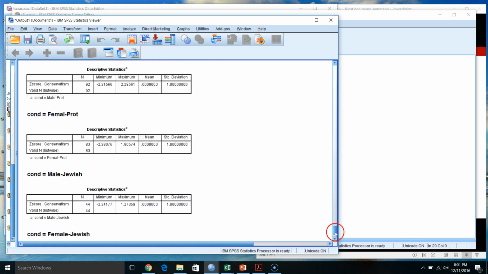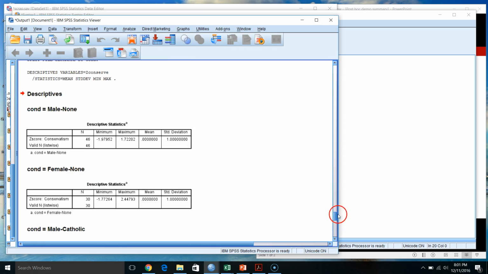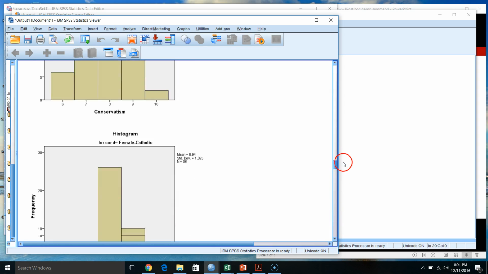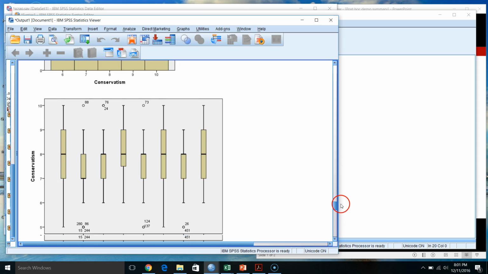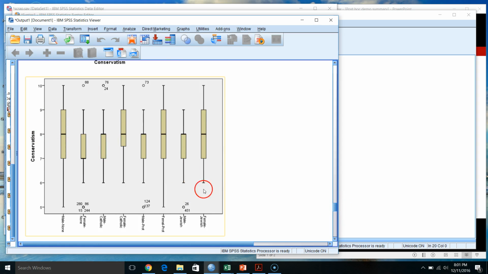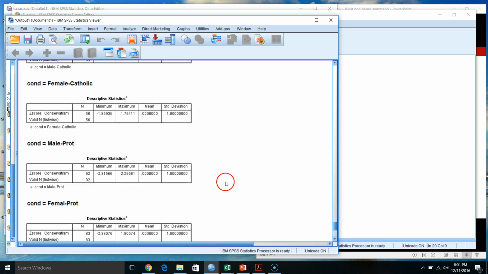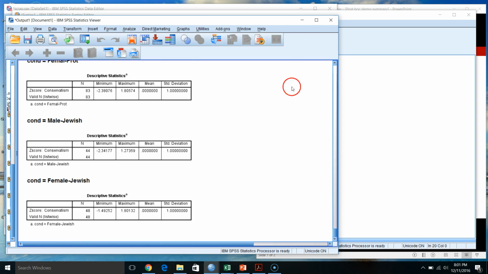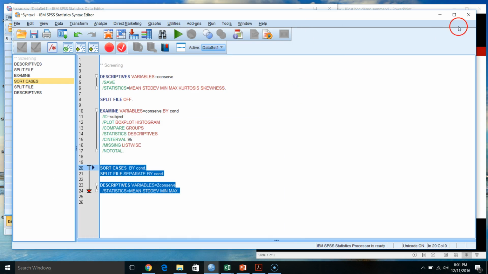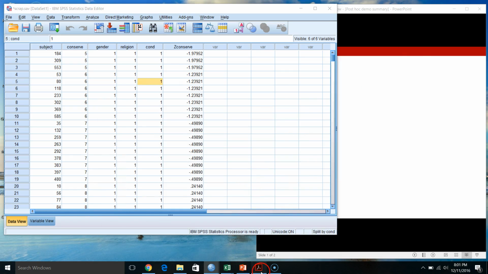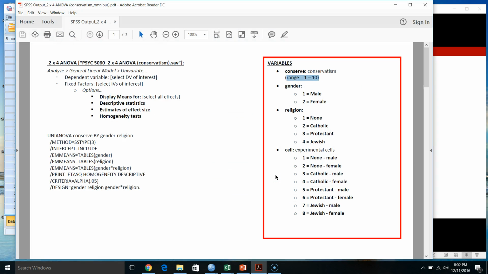So make sure to note that, give a general description of your histograms, talk about what you see going on with each one of the box and whisker plots, talk about your z-scores, things that you're finding to be high, low, and tell us what standards you're using there. But again, things are looking pretty good. The last thing that we would want to take a look at is our homogeneity of variance, but we'll get that within our ANOVA.